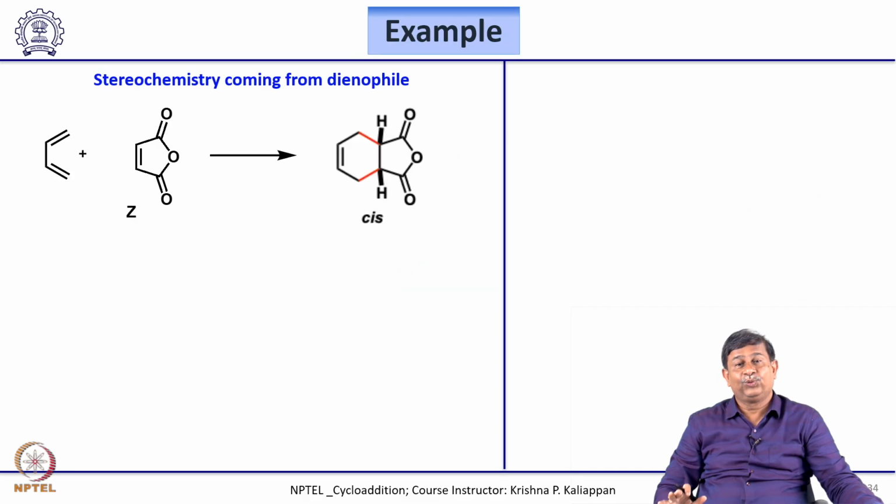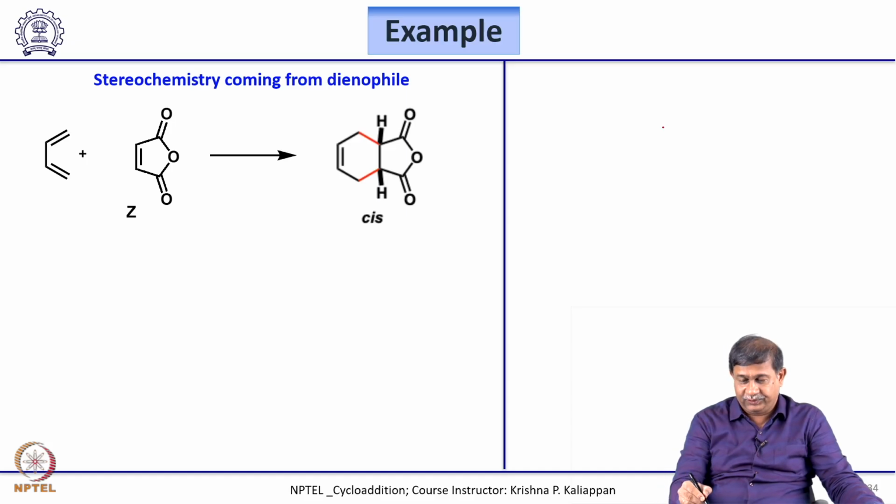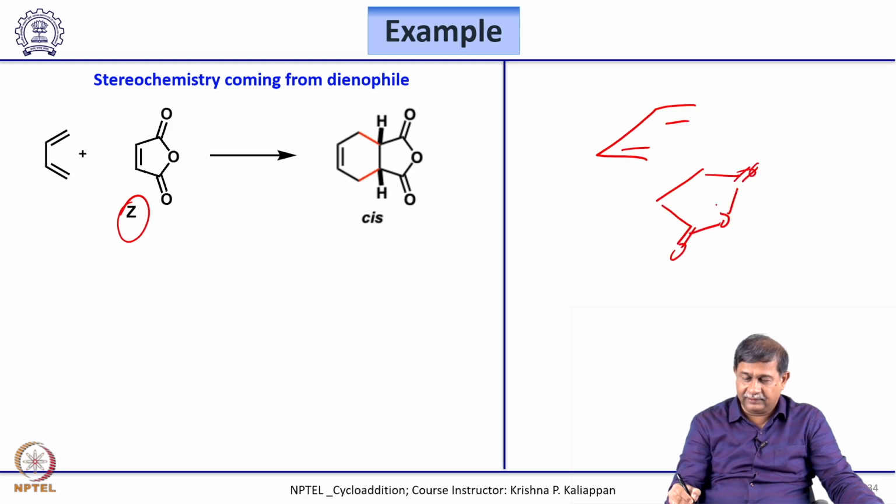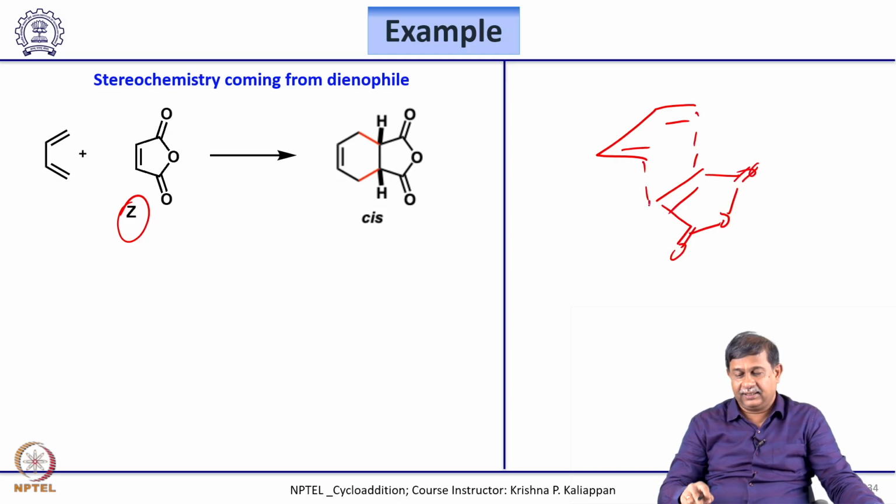And if you do that with maleic anhydride, okay, you do the same thing. The maleic anhydride advantage is that this is the Z isomer. So now if you do this reaction, this is exo.